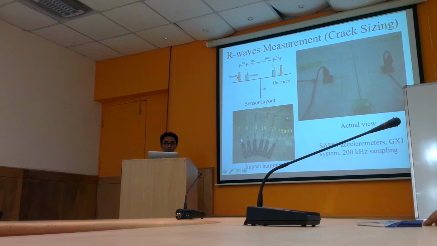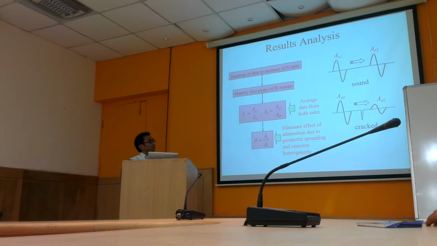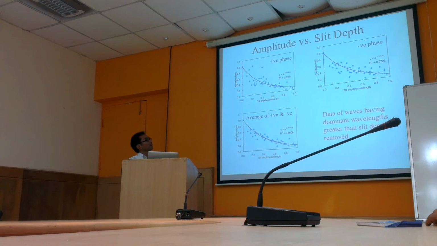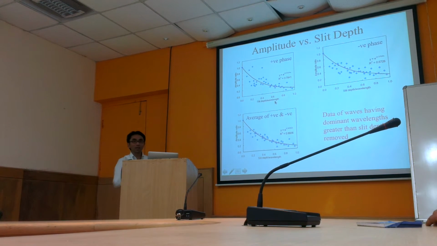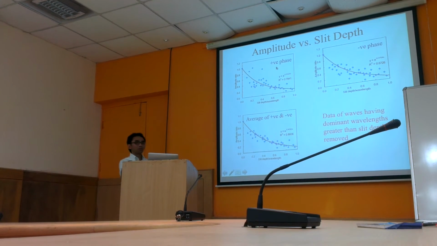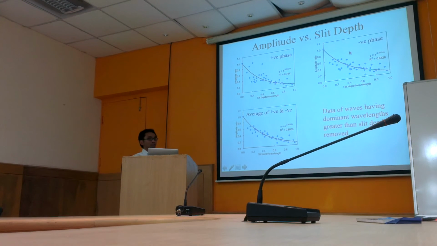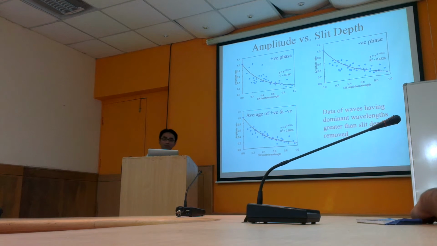From there, you construct a relationship between the amplitude ratio and the depth to wavelength ratio. We normalize the parameters. So these are the curves. They show very good correlation. By taking the positive phase of the amplitude, the negative phase, or the average of positive and negative, all 3 show very promising results.